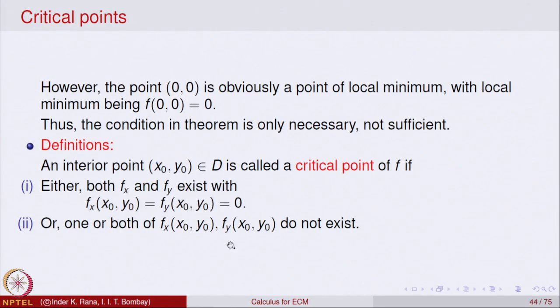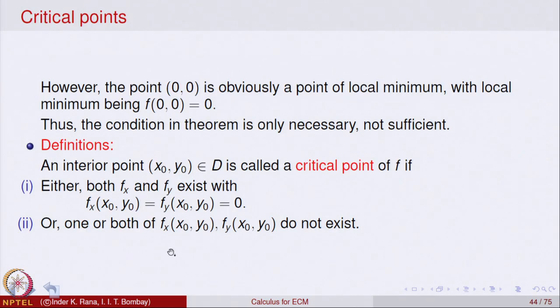There could also be boundary points, a third one we have not listed here, which we should list also. So, for interior points there are only two possibilities: partial derivatives exist and are equal to 0, or either or both of the partial derivatives do not exist. So, keep in mind this is for the interior points.